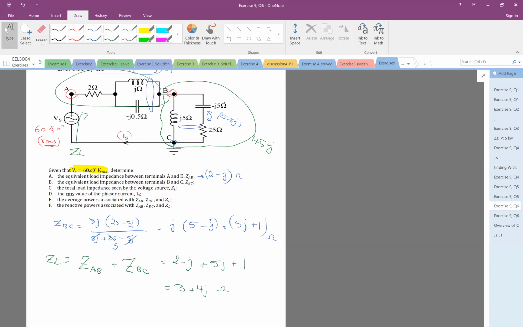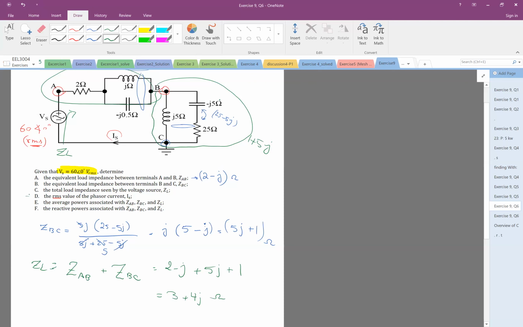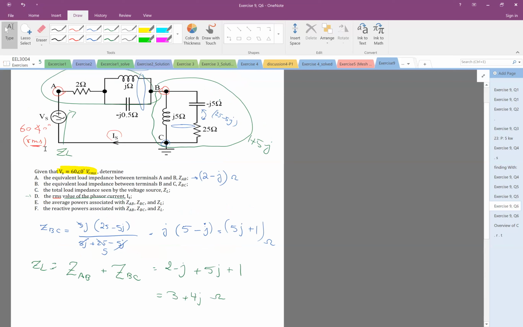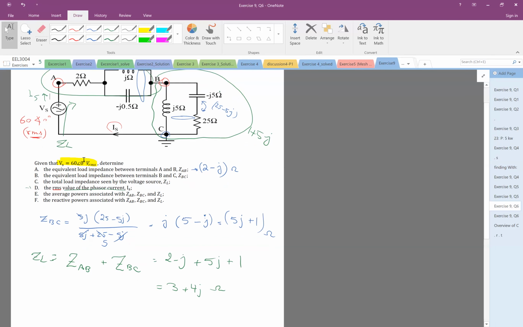Then it says part D, find the RMS value for the phasor current IS. The IS is here, the current that goes through the whole load.